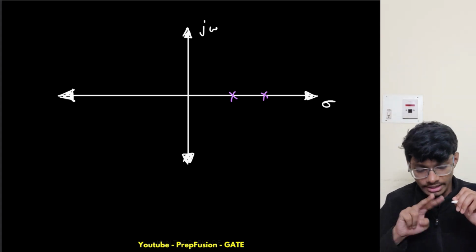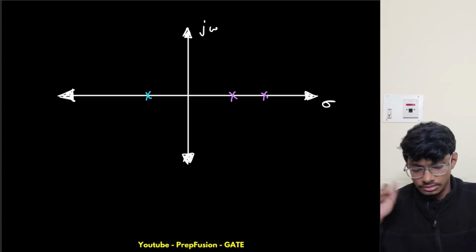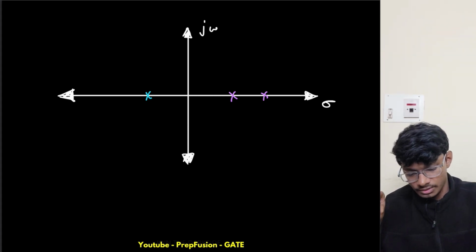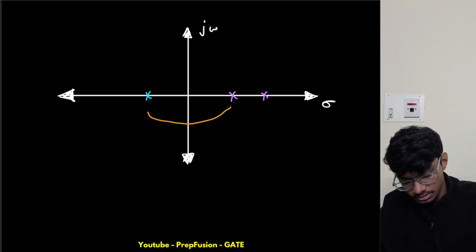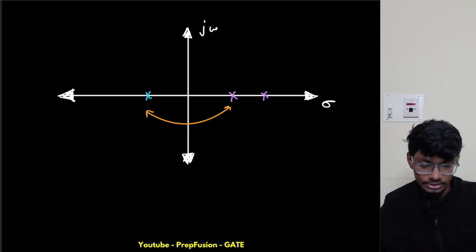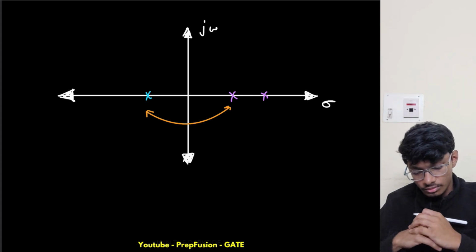So if they are on the real axis, I will have at least one pole on the left hand plane, right? One which is symmetrical around this one. We'll mark that one, that will be symmetrical. Okay, now I got 3 poles.